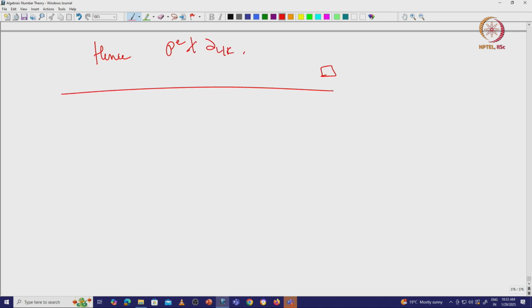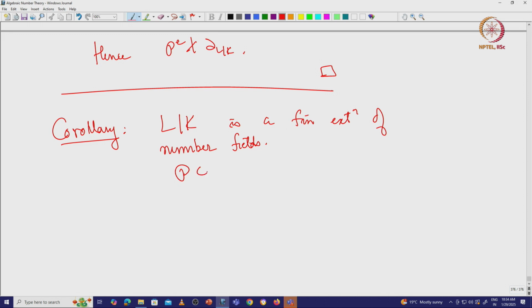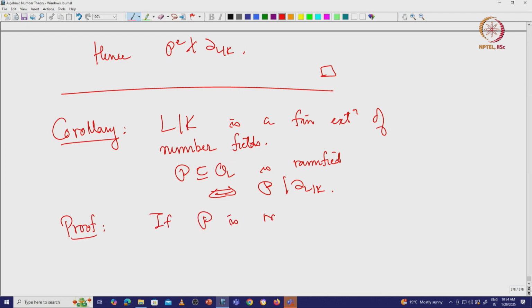Okay, fine. So as a corollary we get this wonderful corollary: L over K is a finite extension of number fields, and P inside O_L is ramified if and only if P divides the different of L over K. So if P is ramified, e is bigger than or equal to 2, then P to the e minus 1 divides this, and e minus 1 is bigger than or equal to 1.